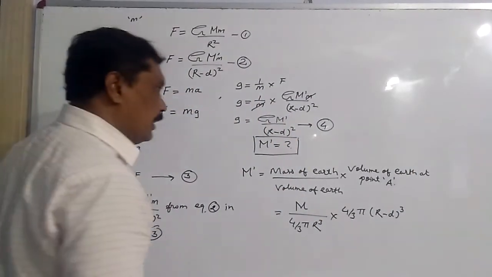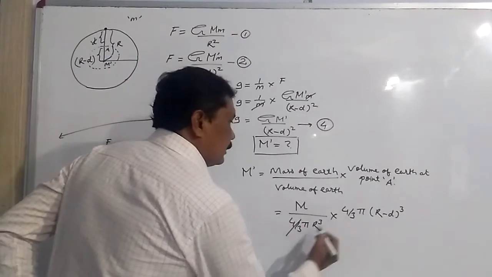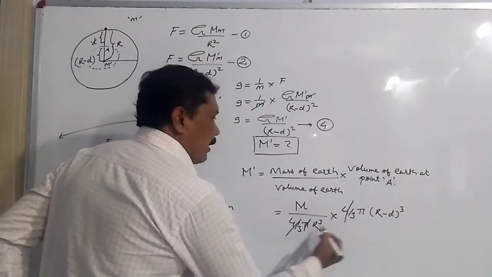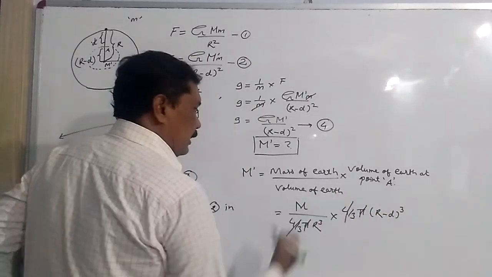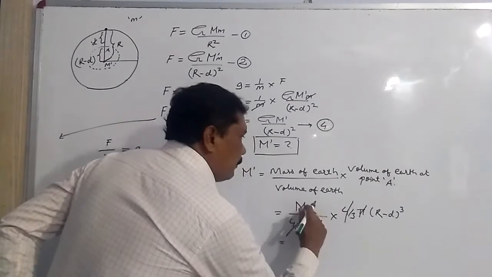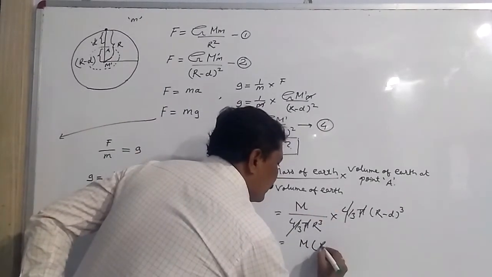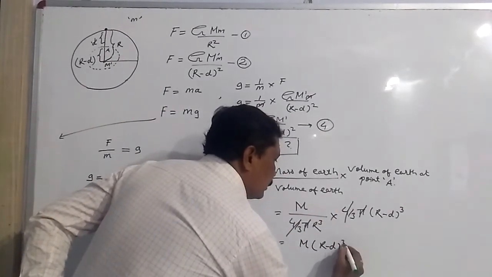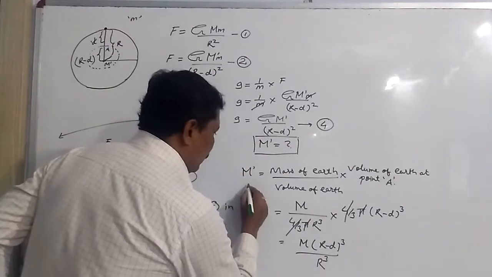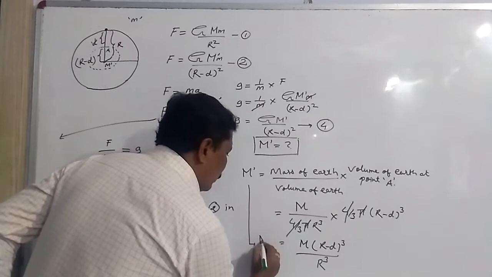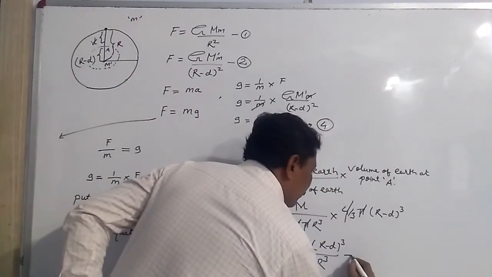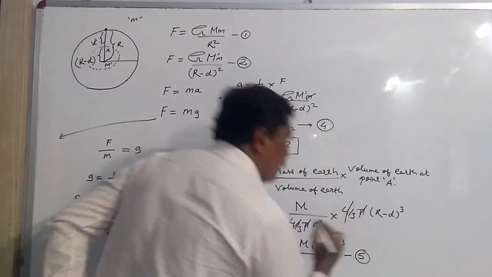Now what can we do here? Cut this, 4 by 3 will get cancelled, the value of pi will get cancelled, and here we get M into R minus D cube upon R cube as the value of M dash. We'll take it as equation 5.